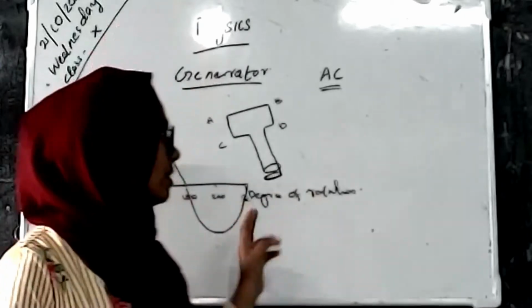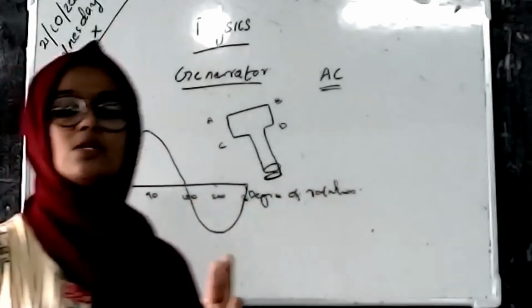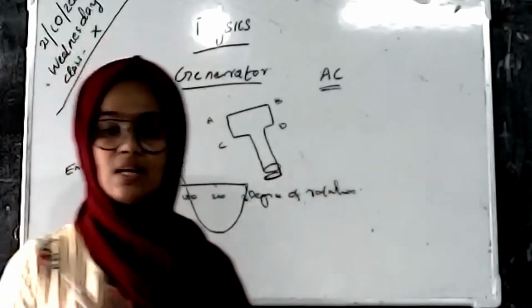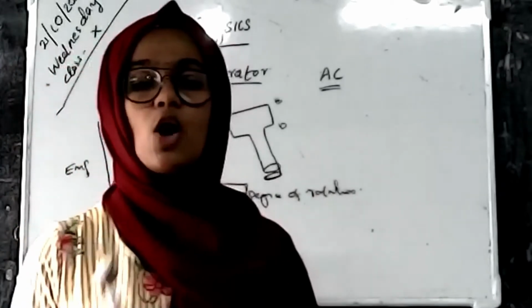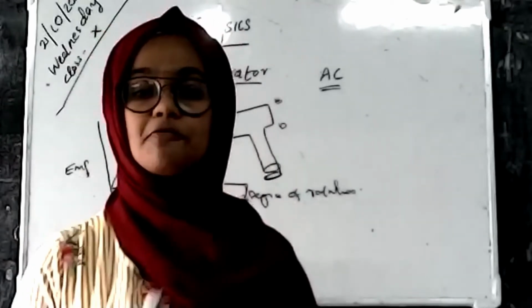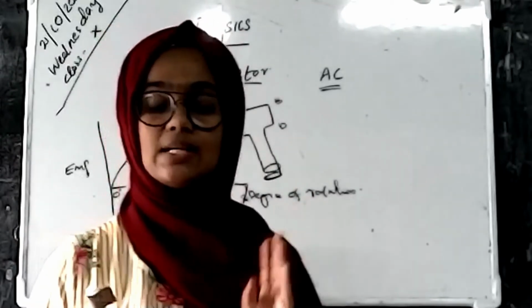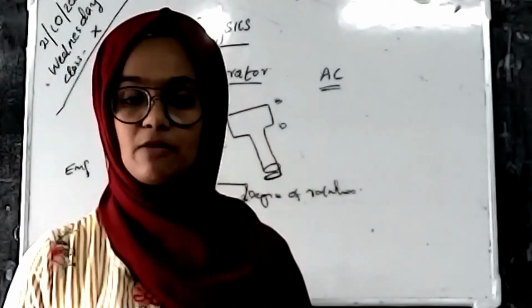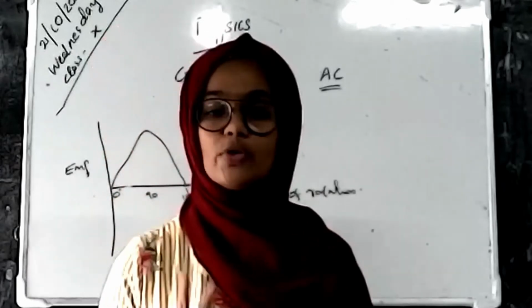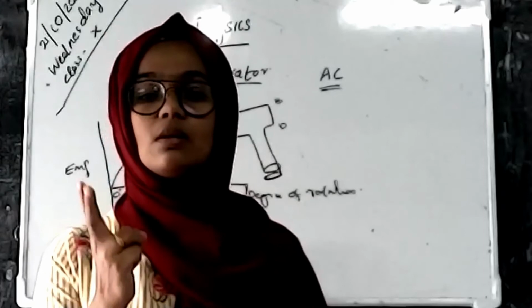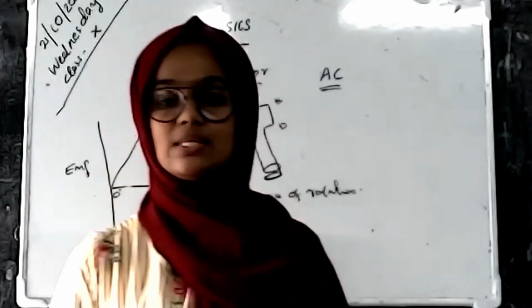And in one AC cycle, electrical energy is produced 2 times. So when a generator is working, the armature coil is rotating all the time. At each 90 degrees and 270 degrees, there is a production of induced EMF. These two are in opposite directions, and the two halves combine to form one AC cycle.